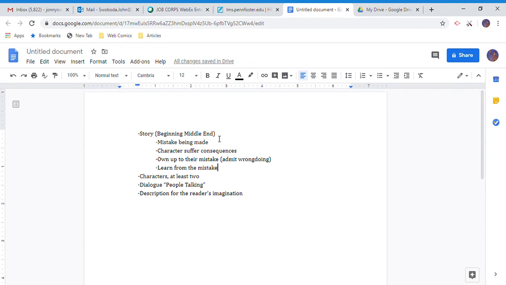Now, as you can see, this all centers around the mistake. So the first thing you have to do is decide what mistake the character is going to make. A lot of people, when they write this, go to death, like the character does something that causes somebody to die. We don't want the stakes to be that high. This is going to be kind of a low-stakes game.